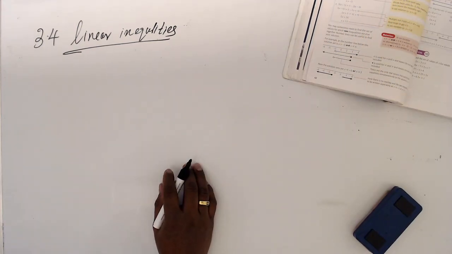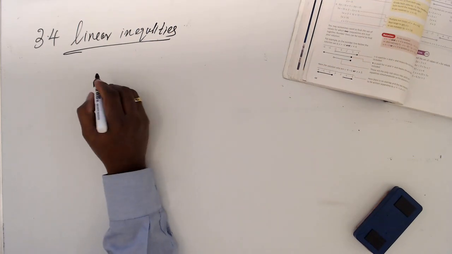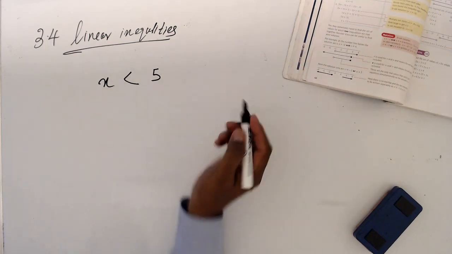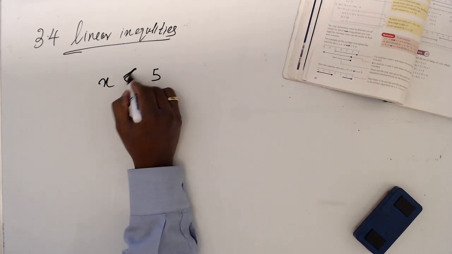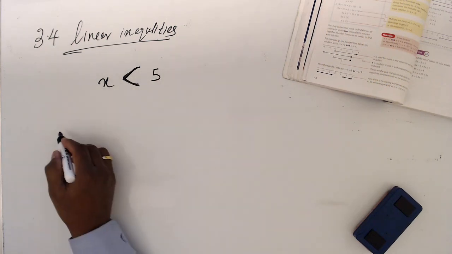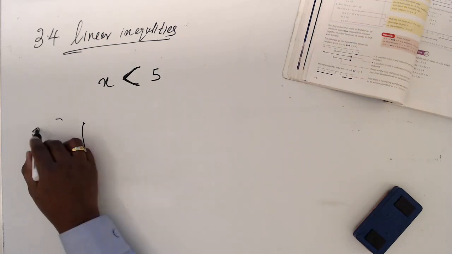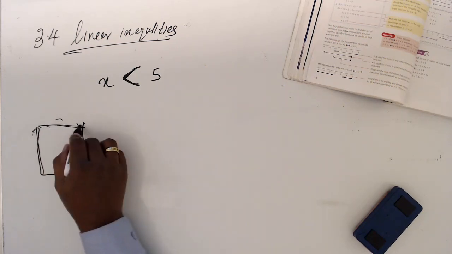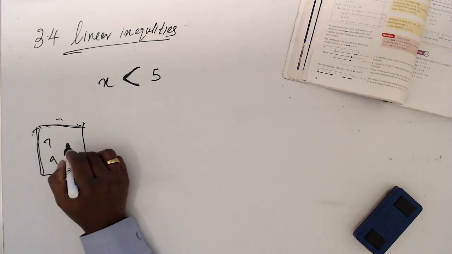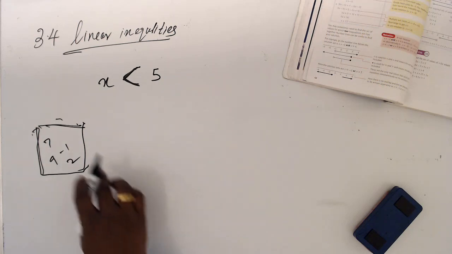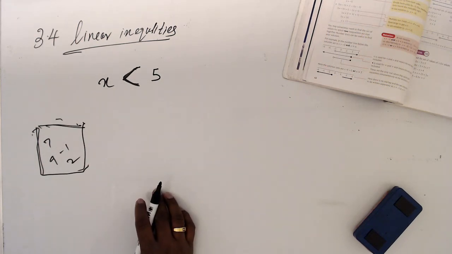Let's discuss an example. Here, 2x less than 5. In this box, I have a few numbers: 7, 9, minus 1, 2. Four numbers. Which numbers satisfy this inequality? So I check one by one.